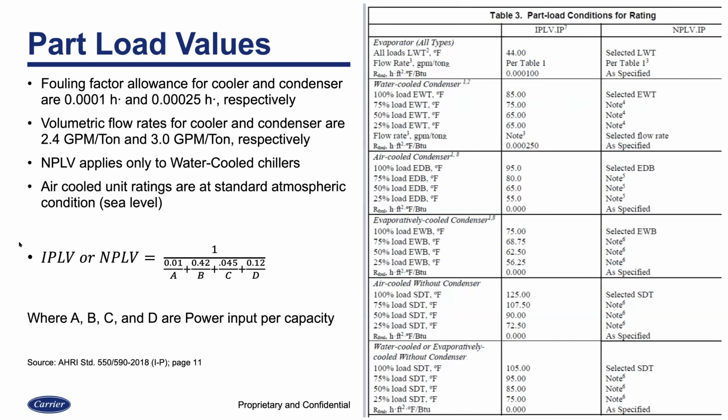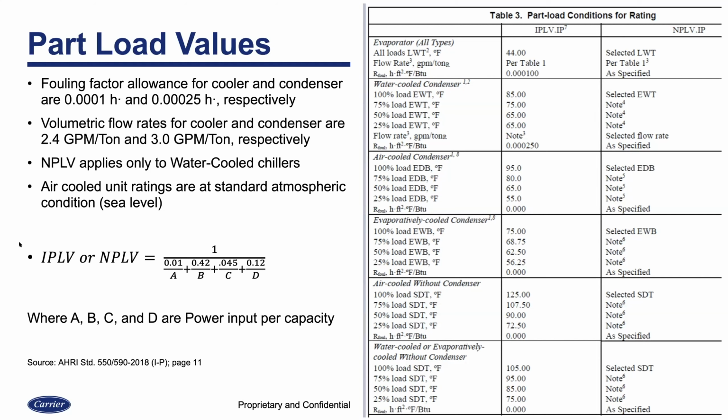Two important pieces of information here: one, the fouling factor for cooler and condenser is specified to be 0.0001 and 0.00025, and also the flow rate for both condenser and evaporator has been specified as 3 GPM per ton for the condenser and 2.4 GPM per ton for the cooler.